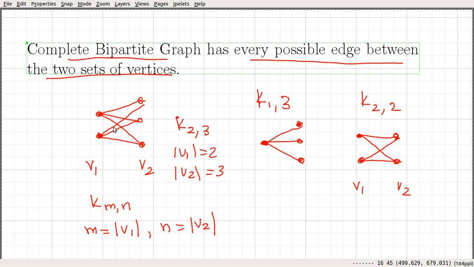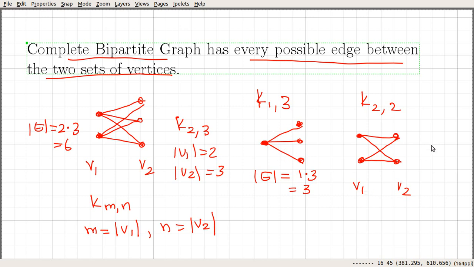In this case, if we consider K_{2,3} and count the total number of edges, it will be 2 times 3, which is 6. 1, 2, 3, 4, 5, 6. If you consider K_{1,3}, the cardinality of E is 1 times 3, which is equal to 3.